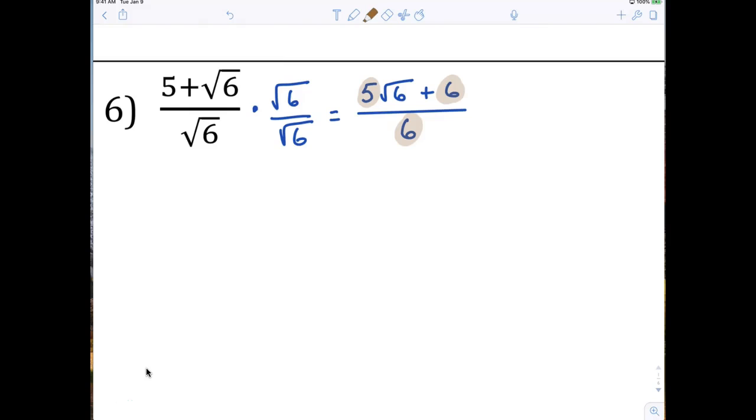But remember, if you're not sure about something, what is radical 6 times radical 6? Radical 6 times the square root of 6 is what, Dalton? 6.